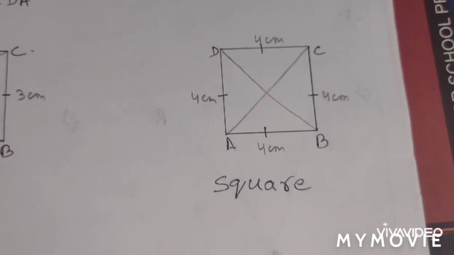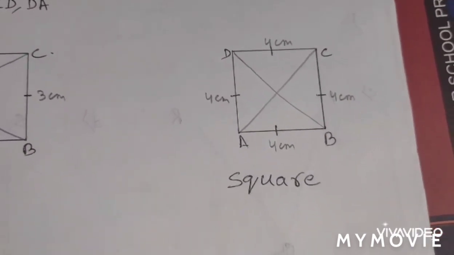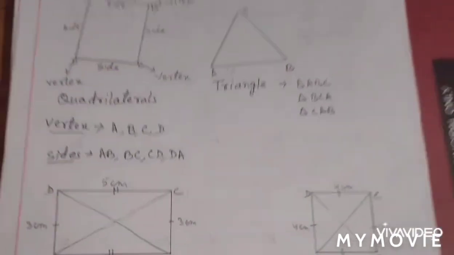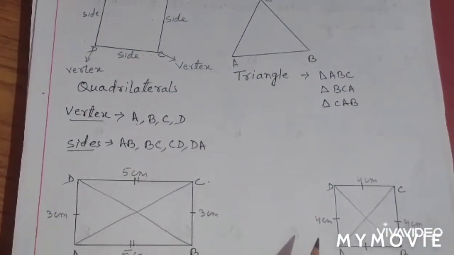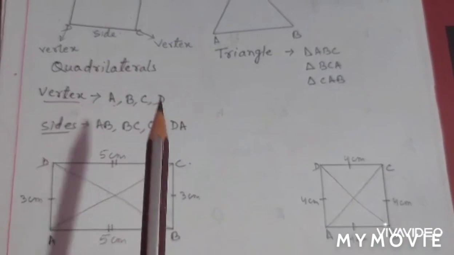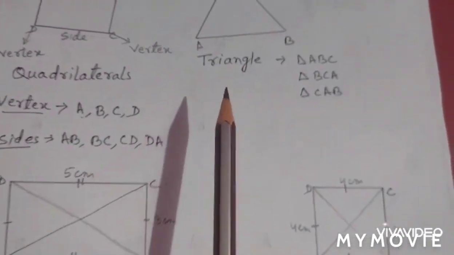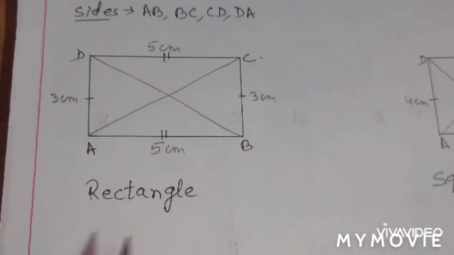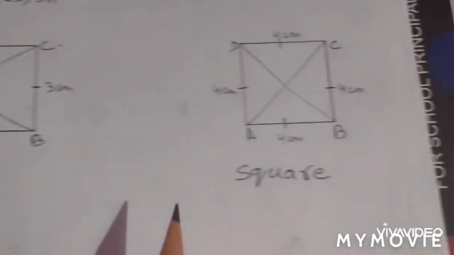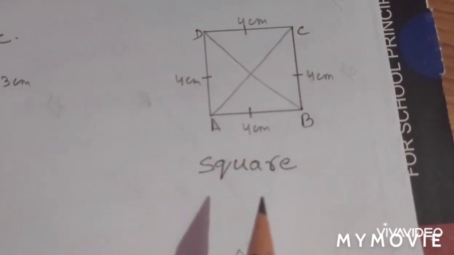Got it? So now you can understand that these four are quadrilaterals, and they have specific names. Over here I have told you the three-sided figure is a triangle, this is a rectangle, and this one is your square.